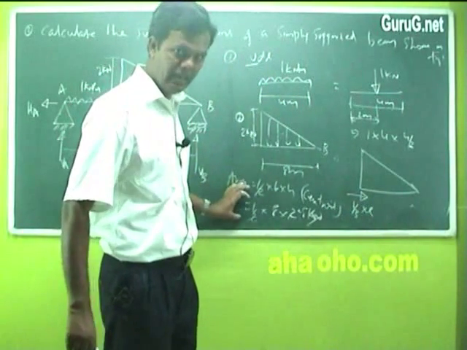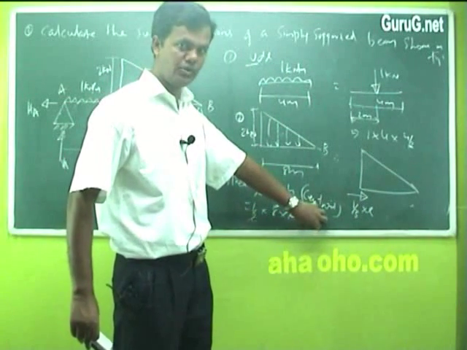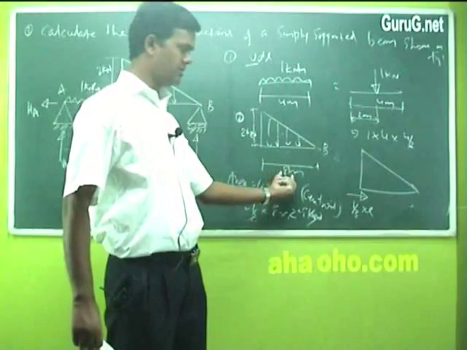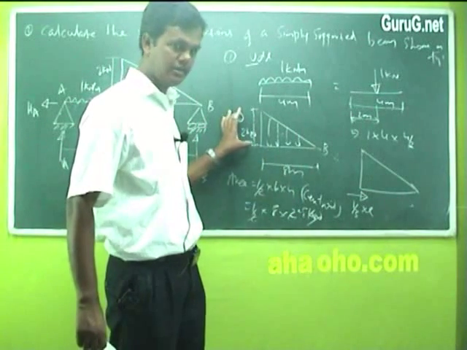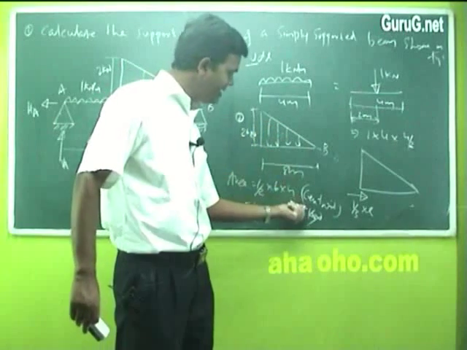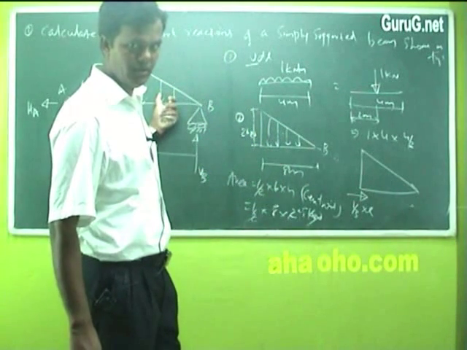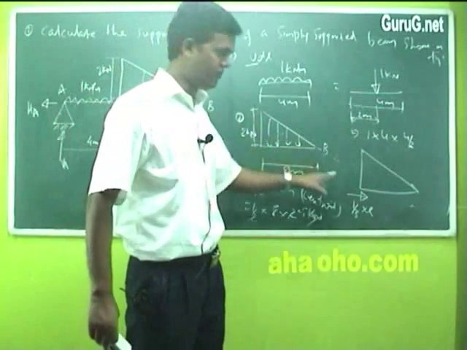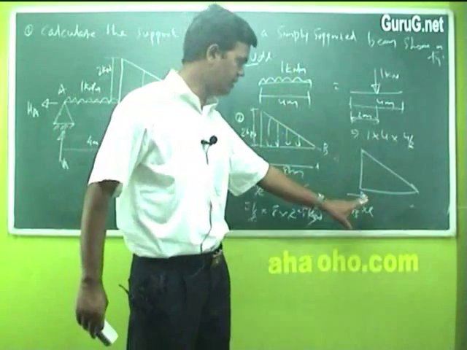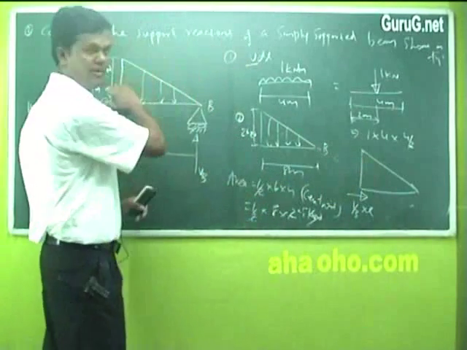After calculating the area, half into B into H, which gives the total 8 kilonewton, because B is 8 and 2 is the height H. You calculated, get 8 kilonewton. Now 8 kilonewton is the load of this triangle load, but where it is acting, we have to find out. There are 2 points. Either you find out from the bigger end where it is acting, because this triangle can be written like this.